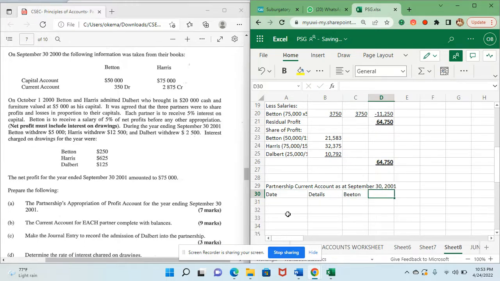So Baton, Harris, and Albert. Okay, so I'm just going to take out the date column so we can have some space, right?